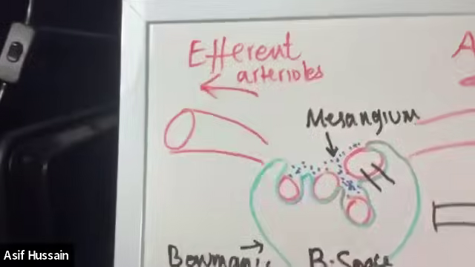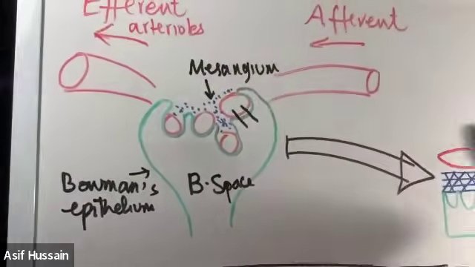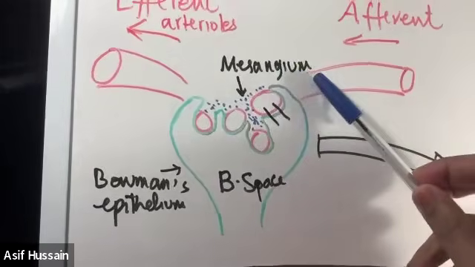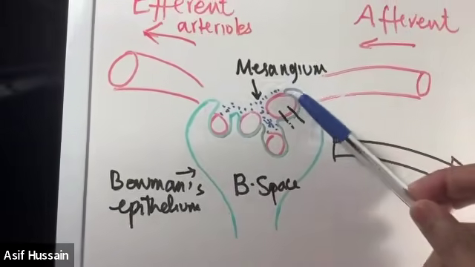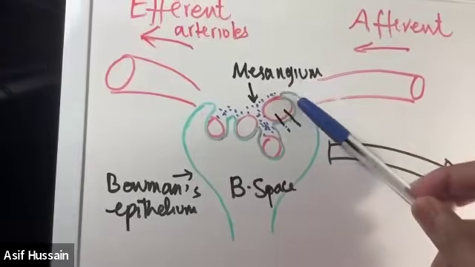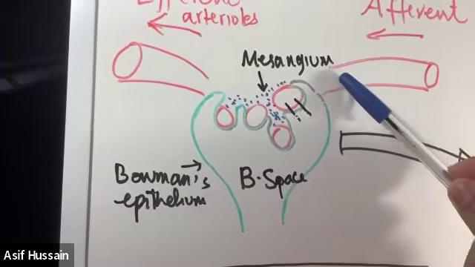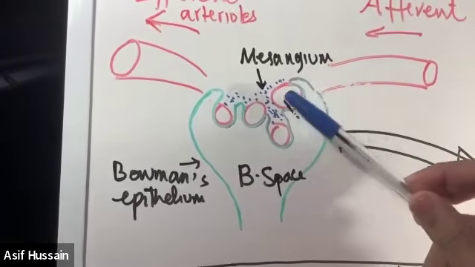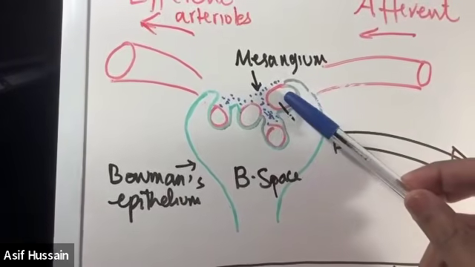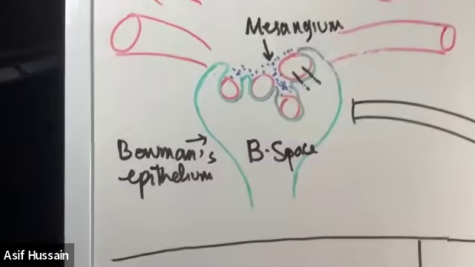Remember, we said that at the beginning of the capillaries, here, when the arterioles transform into the capillaries, there will be a pre-capillary sphincter at this point. And the purpose of the pre-capillary sphincter is to lower the systolic pressure so that when the blood enters into the capillaries, the pressure is less than 30 millimeters of mercury.